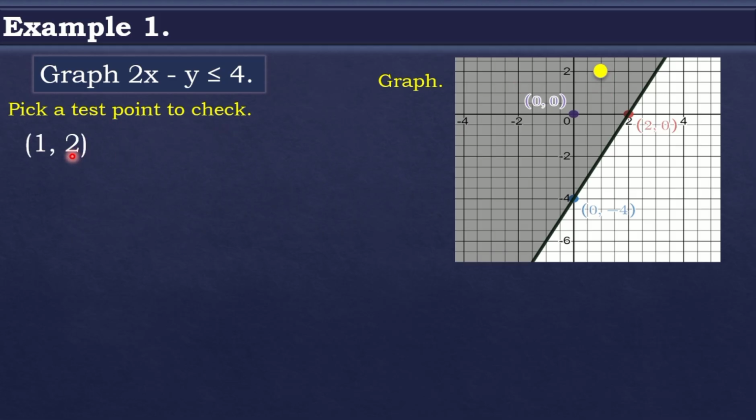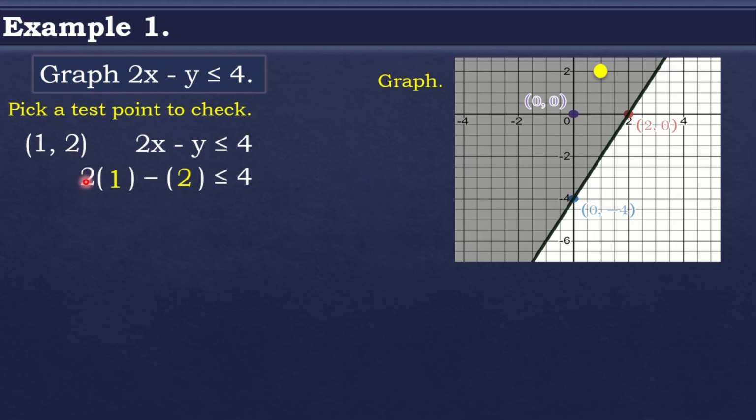So, let's try to check. So, since nandito yung test point natin, kasama siya dun sa shaded region, ibig sabihin, dapat mag-true siya. Okay, let's check. 2x minus y is less than or equal to 4. So, i-substitute natin si (1, 2), yung pinili natin na ibang test point. So, lagay natin si 1 at si 2.